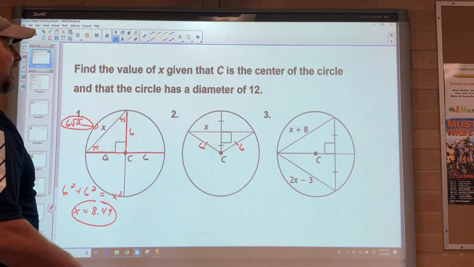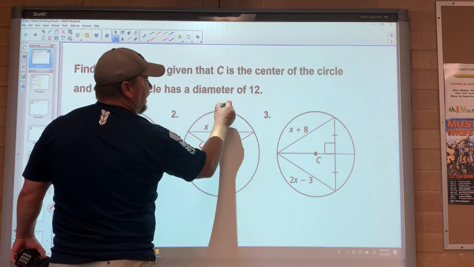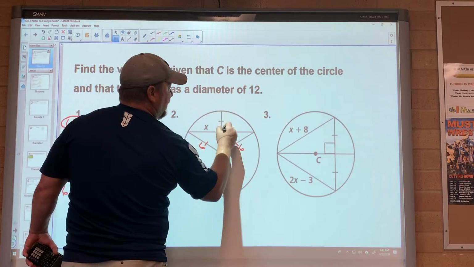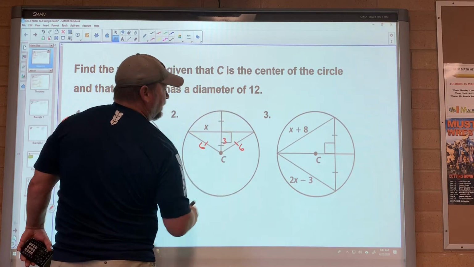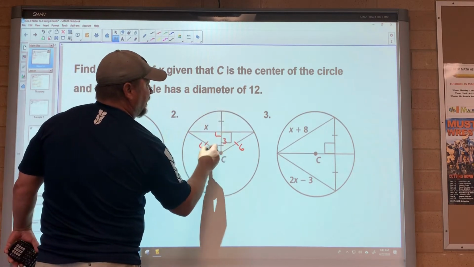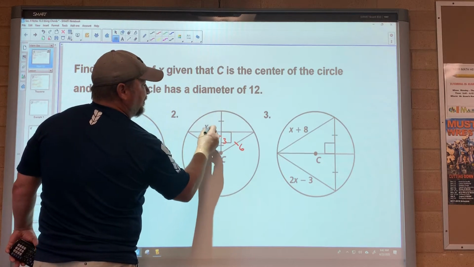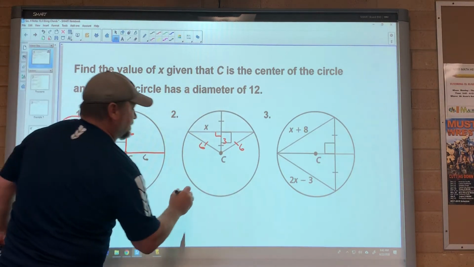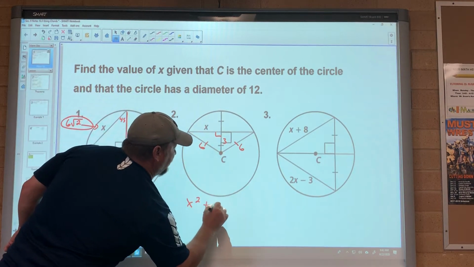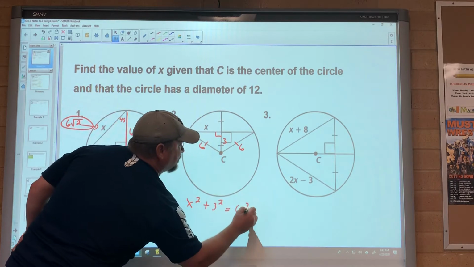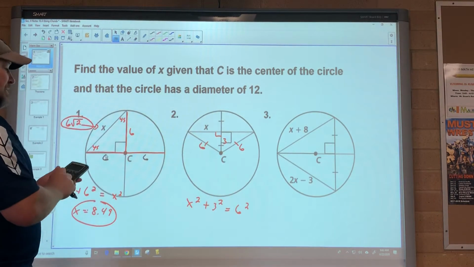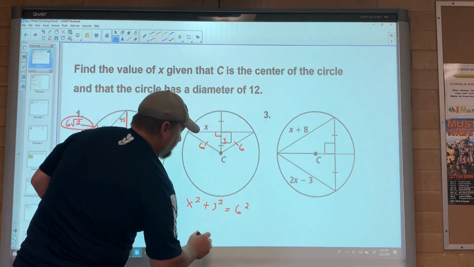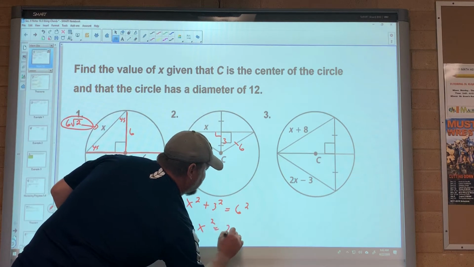If that's the radius, that's 6, so if that's half, this would be 3. So then there's our 90 right there, and here's our hypotenuse. This part would be like an A or a B as far as Pythagorean's theorem goes. So we go x squared plus 3 squared equals 6 squared. 6 is our hypotenuse, so we would go 36 minus 9, it's 27, and x squared would equal 27.